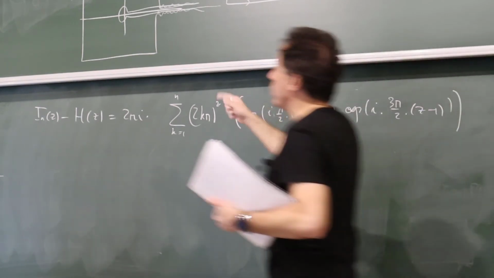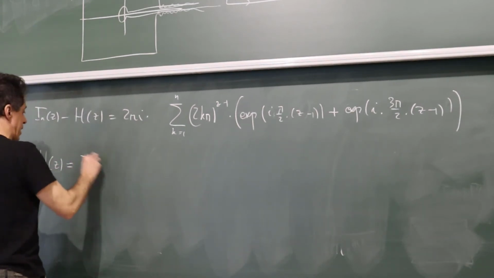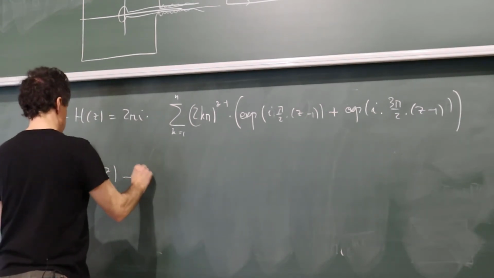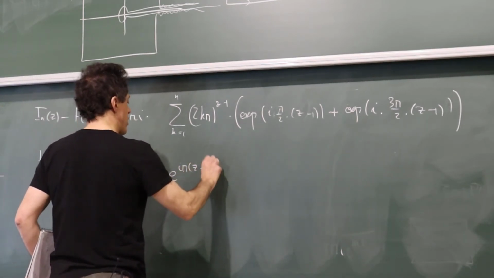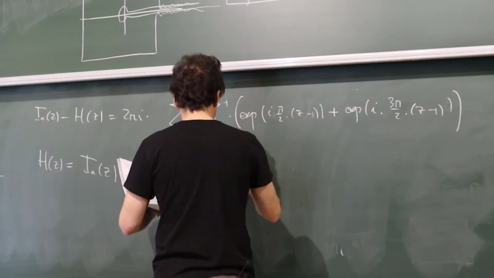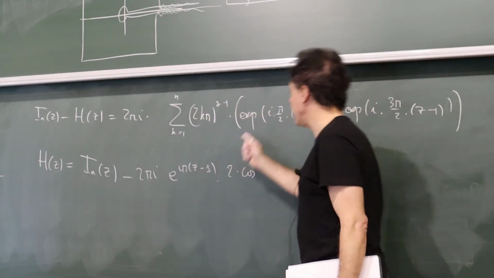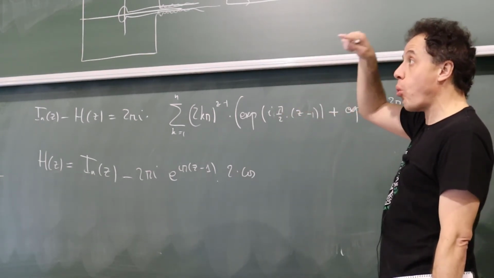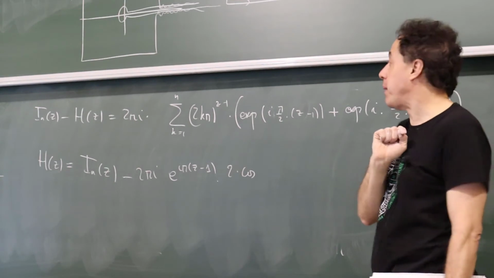Or in fact, from here you can make some computations and arrive at the conclusion that this is I_n(z) minus 2 pi i exponential of i pi (z minus 1) times 2 times the cosine. From this expression you remove some term like this and you have some cosine. You remember that the cosine is exponential of iz plus exponential of minus iz, divided by 2.